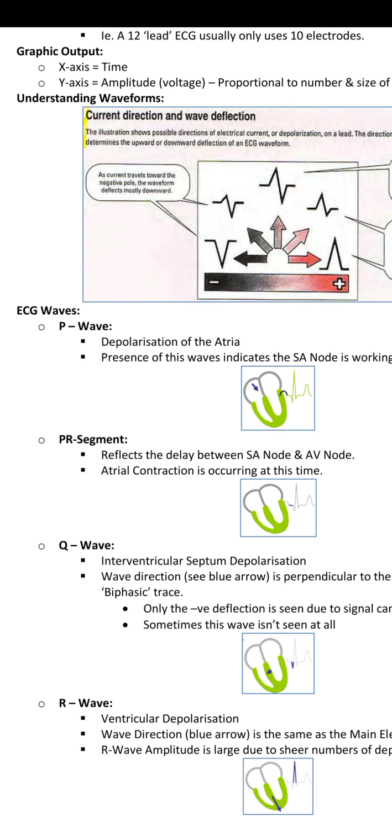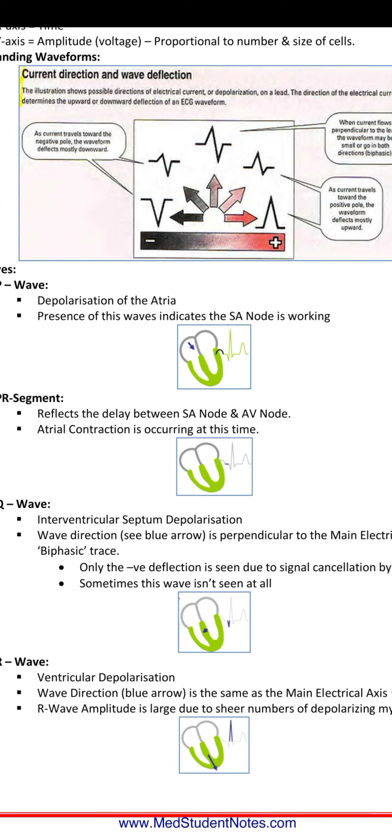Next is the PR segment. After the P wave comes the PR segment. It reflects the delay between the SA node and AV node. PR is the point where the SA node and AV node have a delay.